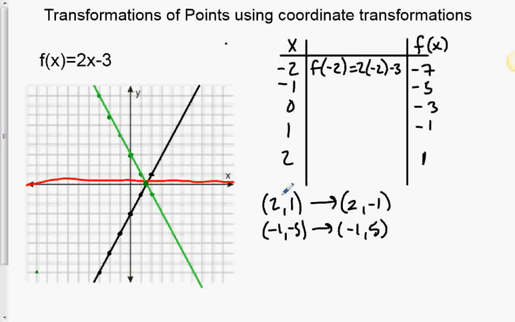So thinking about how these develop and how this pattern continues, if I just take any x value and any y value that's here, we can start to see that the x value is going to stay the same, but the y value is going to be the opposite of what it was. So instead of just having the y that was there, the way we represent the opposite of that is as negative y. And so this represents the coordinate transformation. So let's go ahead and circle that.